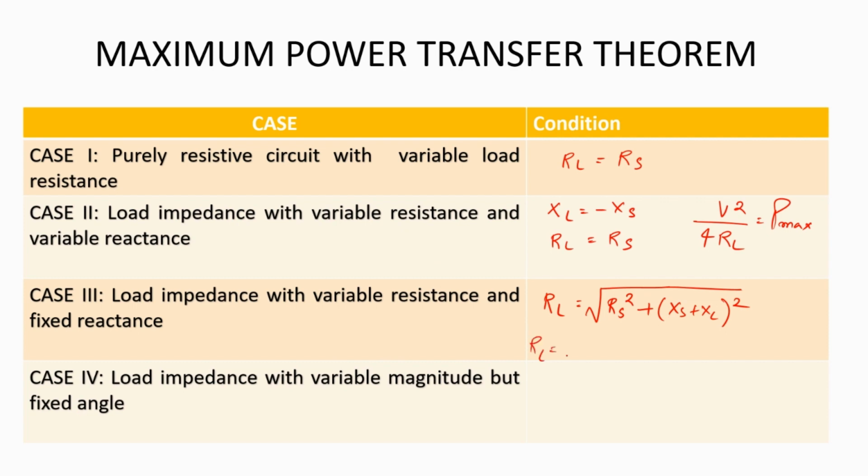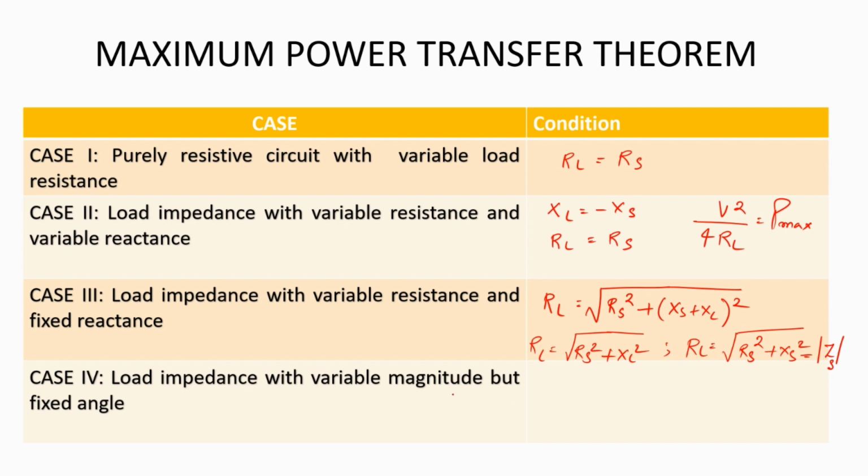So RL would be equal to root over RS square plus XL square. The second one is when the load is purely resistive. That means there won't be any reactance in the load. Only the resistance term would be there. So we would obtain the condition as root over RS square plus XS square, which was nothing but the magnitude of the source impedance. So this was the third case.